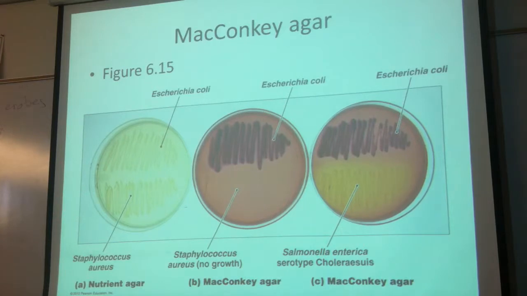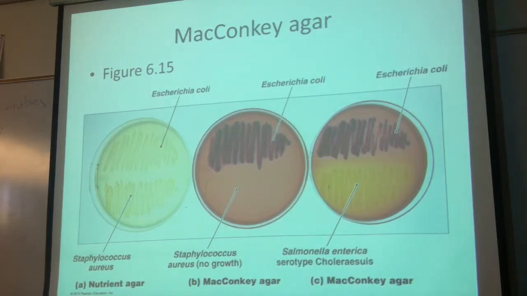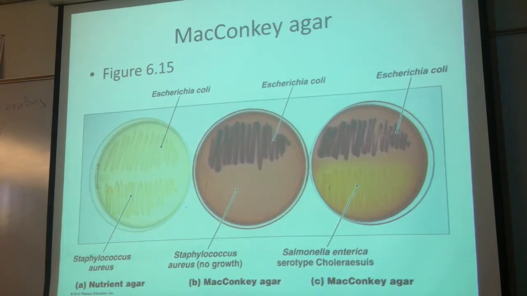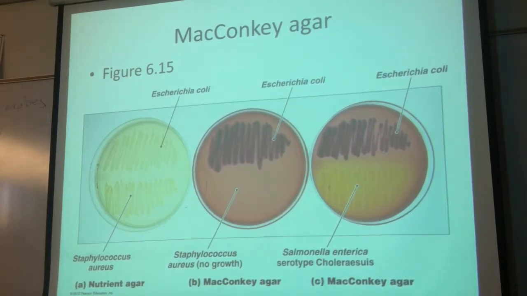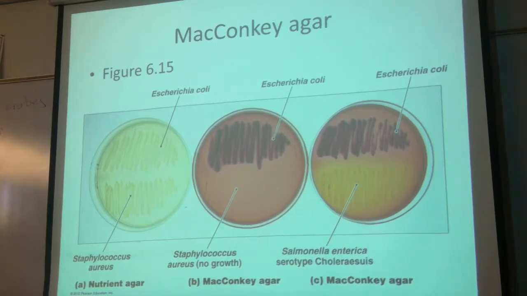So this one will just let everything grow. But in this one, you get very distinctive colors and differences which help identify the organism. Or you can even have one which doesn't allow it to grow, which is another way of identifying. So kind of as a selective agent. Does this make sense? Visualize some of the things we're talking about?